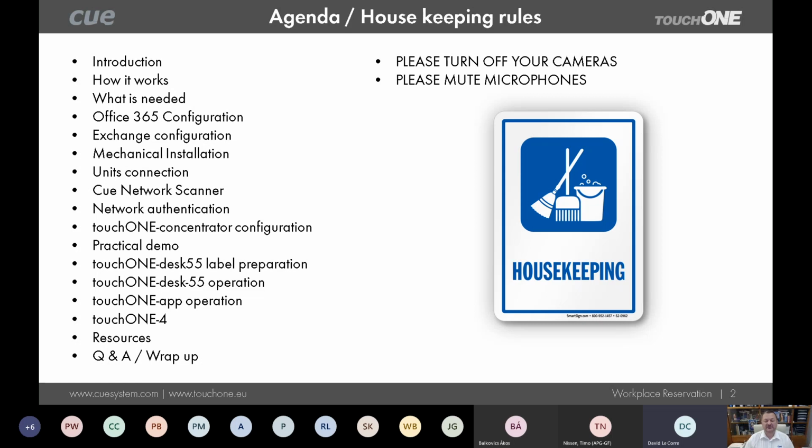I'm going to tell you some details about how it works, what is necessary to have, what particular steps you have to follow, like Office 365 or Microsoft 365 today, or Microsoft Exchange configurations. Then some tricks about mechanical installation, connection of all units together. And then we will have a focus on some steps going through the setup.